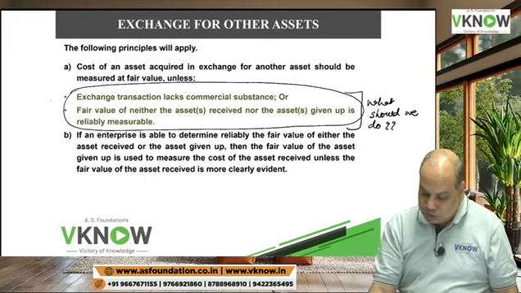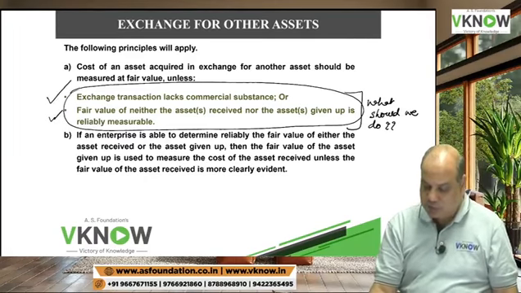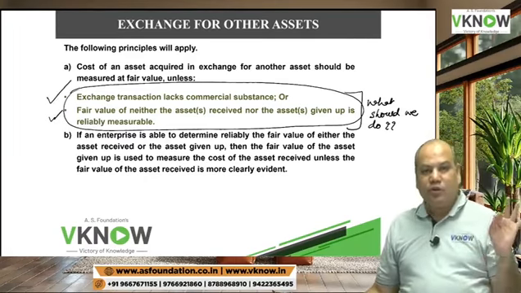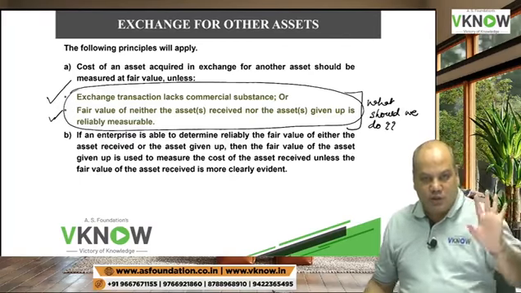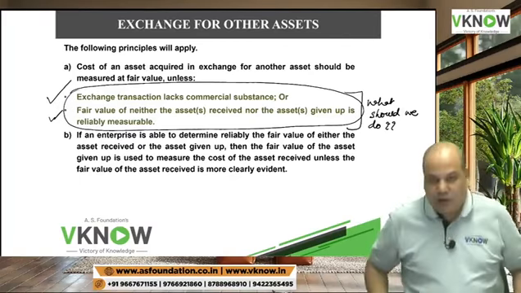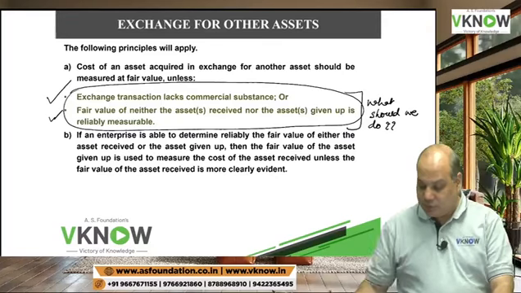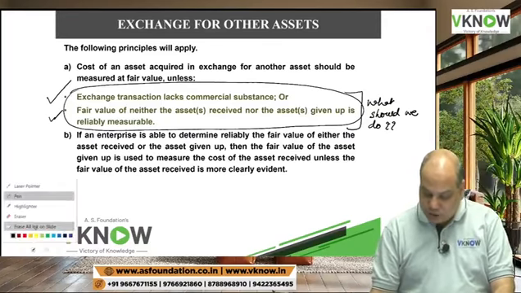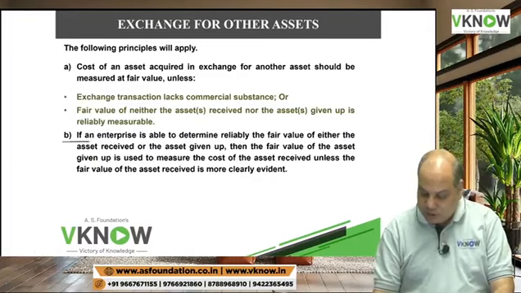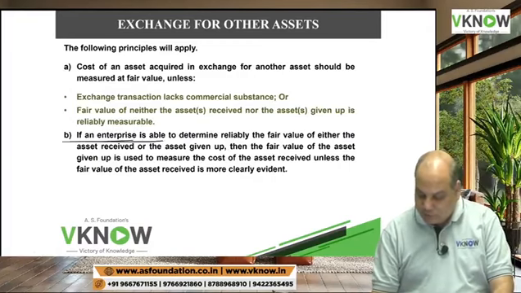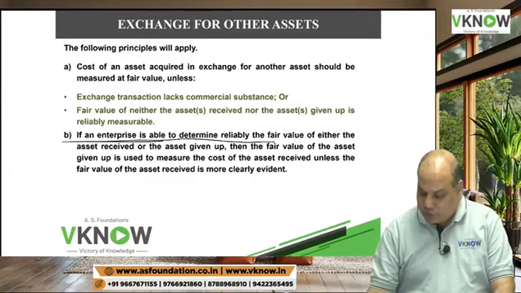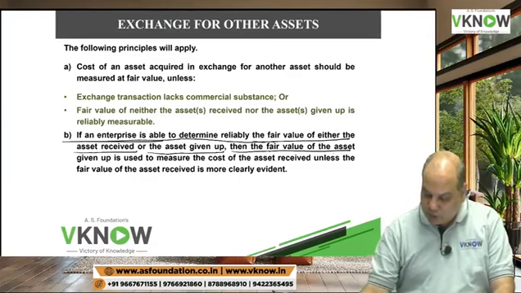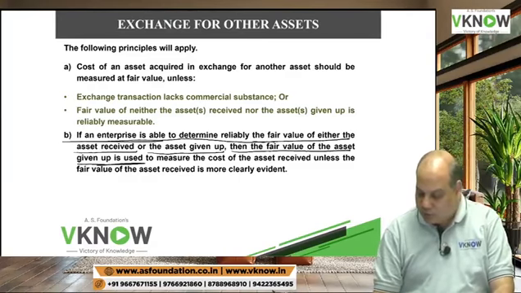Now suppose these conditions are fulfilled. Condition fulfilled means the transaction has commercial substance and fair value can be identified. If fair value can be identified and the transaction has commercial substance, then the answer is, if the entity is able to determine the fair value of either the asset received or the asset given up, then the fair value of the asset given up is used.